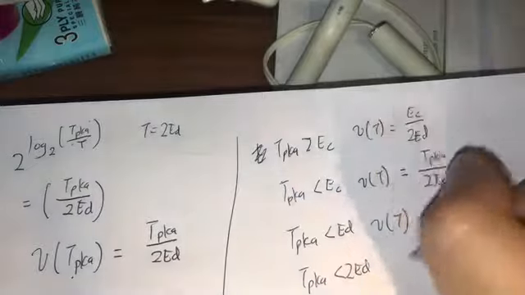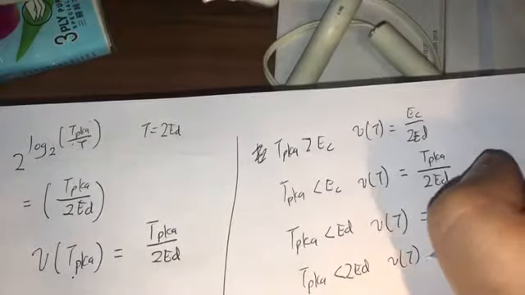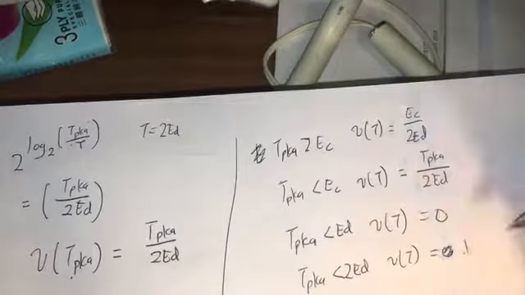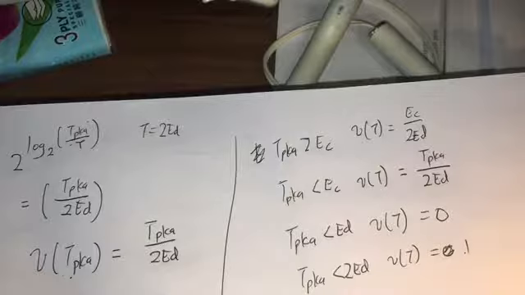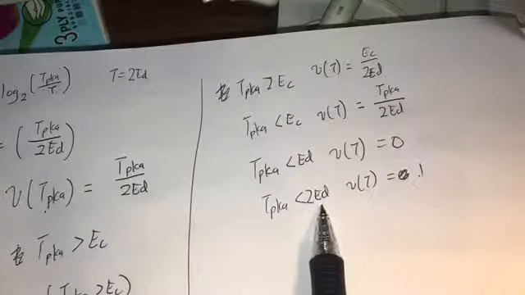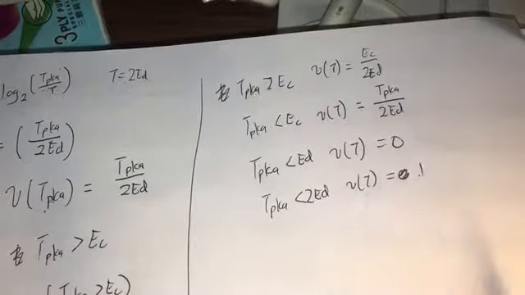Excuse me, V of T equals 0 also. Oh no, it doesn't equal 0. It equals 1. So these are important threshold energies. So at T pKa equals 2ED, usually there's one more knock-on atom being made because the energy is just enough to displace one more atom.